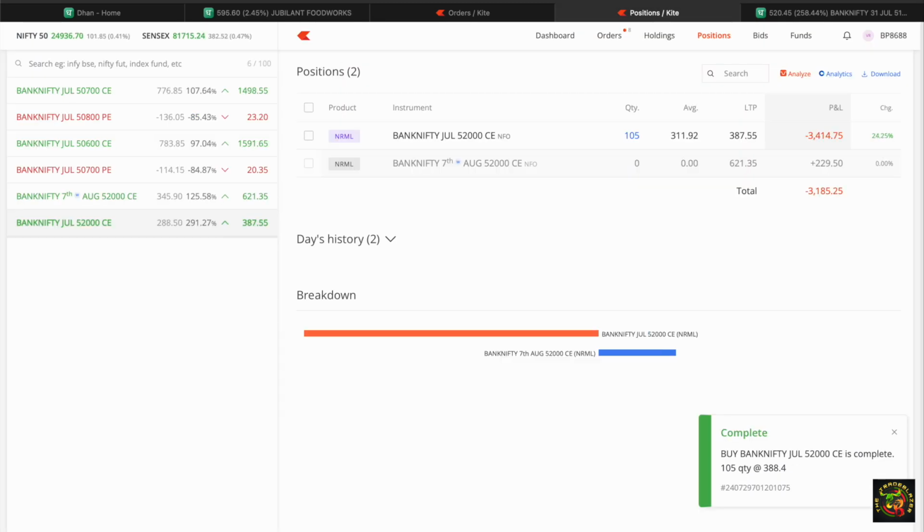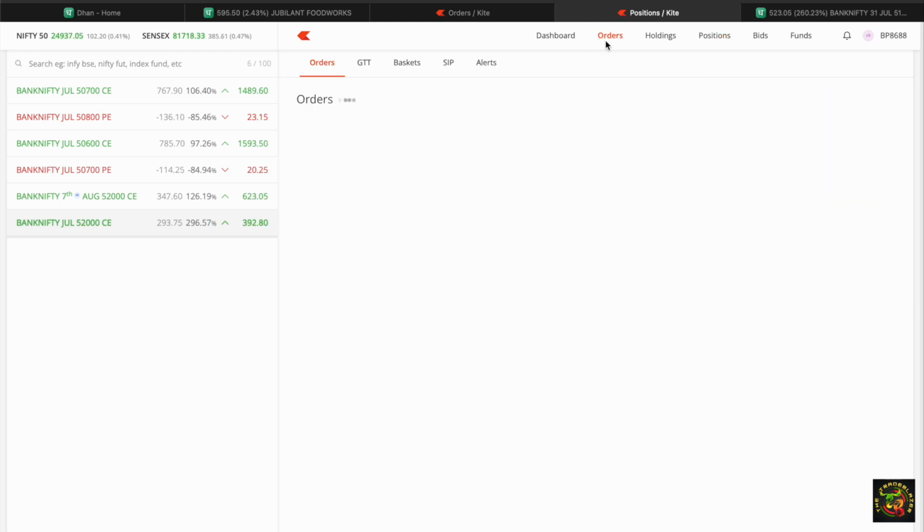So with that momentum, I bought 105 quantity of 52,000 CE in Zerodha as well. Now the position is running. Let's see how this trade goes on from here.